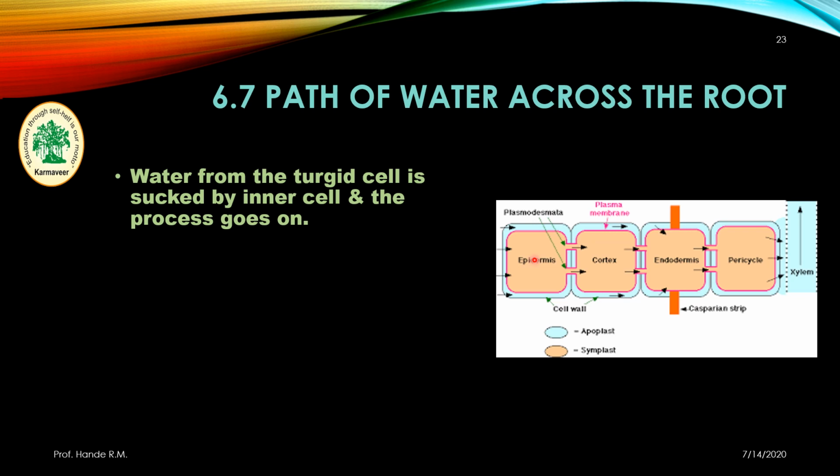The water moves rapidly across the roots through the loosely arranged living cells of the cortex, endodermis, pericycle, and the protoxylem or xylem is in close proximity with the pericycle.